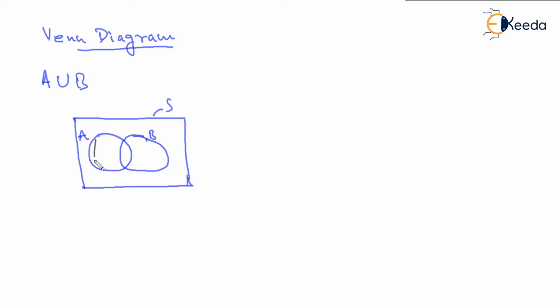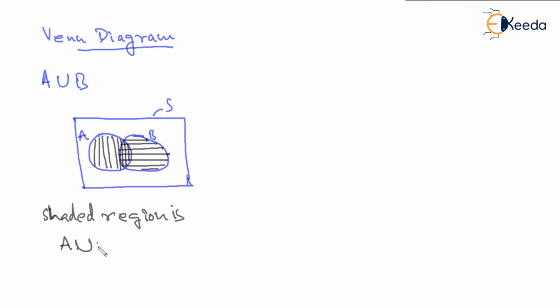So obviously this is the region covered under A, this is the region covered under B, so the entire shaded region is A union B.